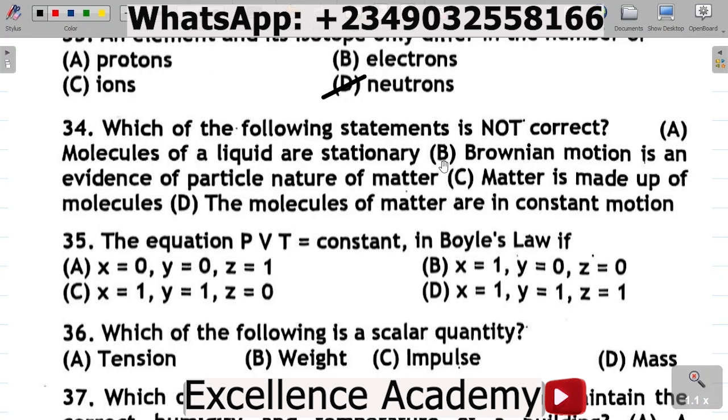Yes, that's correct. Then B, Brownian motion is an evidence of the particle nature of matter. That's also correct. A says molecules of a liquid are stationary. Well, the molecules of a liquid are not usually stationary except when it is frozen, right? So in a normal case, at a normal temperature, the liquid molecules are always moving. So hence, the answer is A. A is not correct.